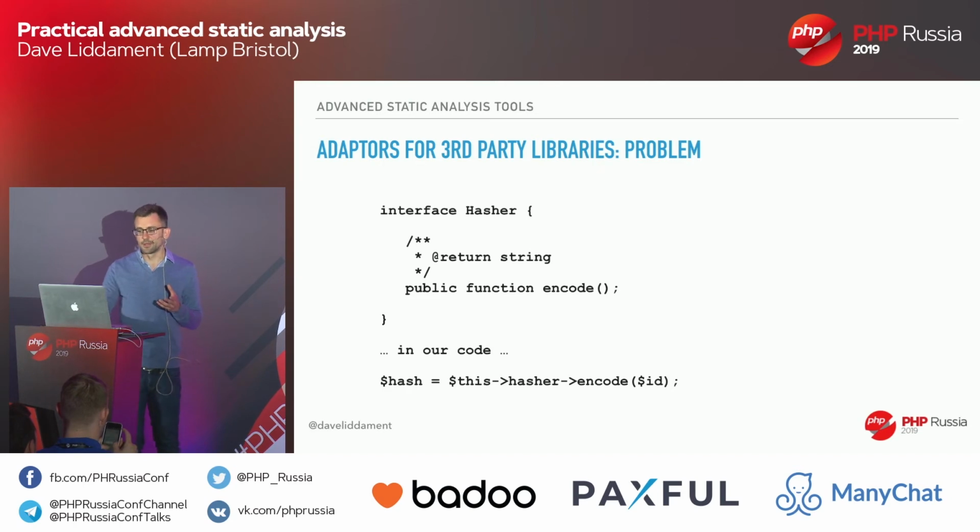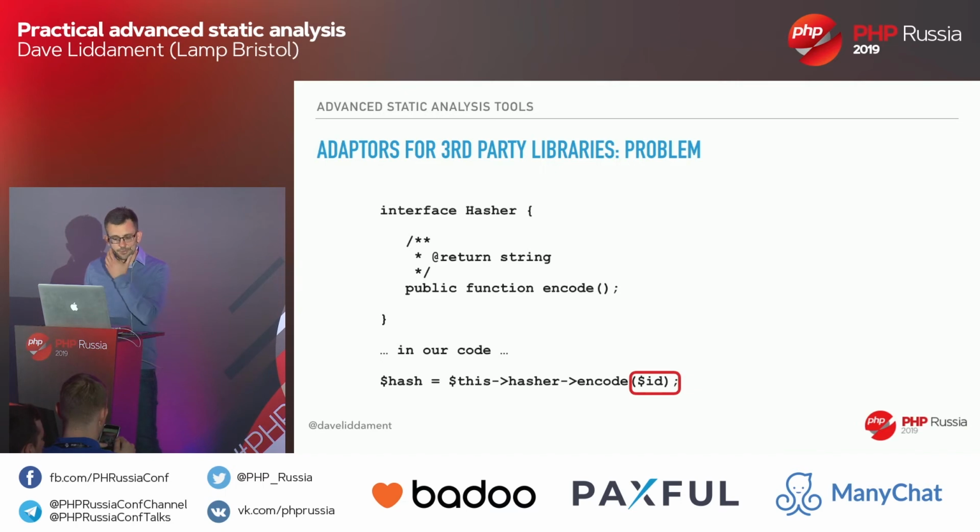Another problem we had in the code was sometimes when you're integrating with third-party libraries, especially if they're a bit old or not set up that well for static analysis. I was using this third-party hasher library, and you could give anything to the encode method, and it would return a hash.